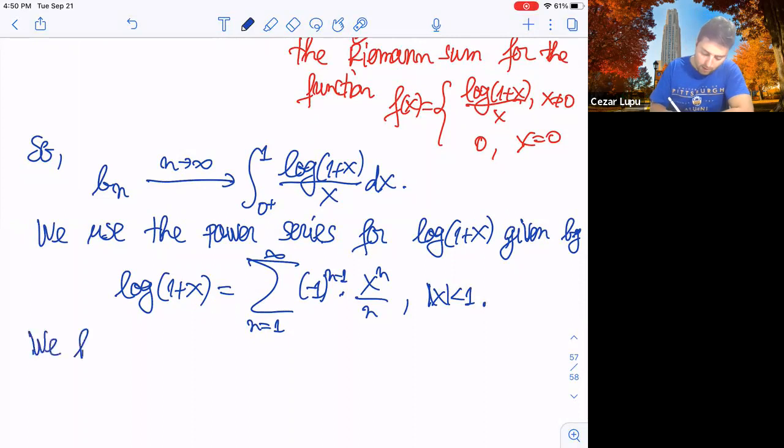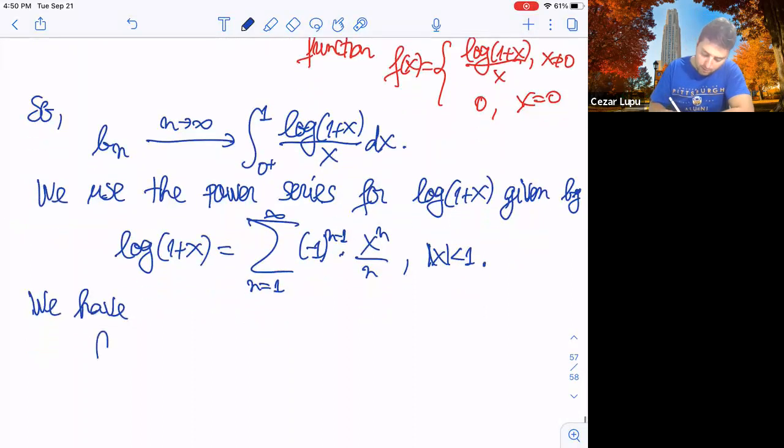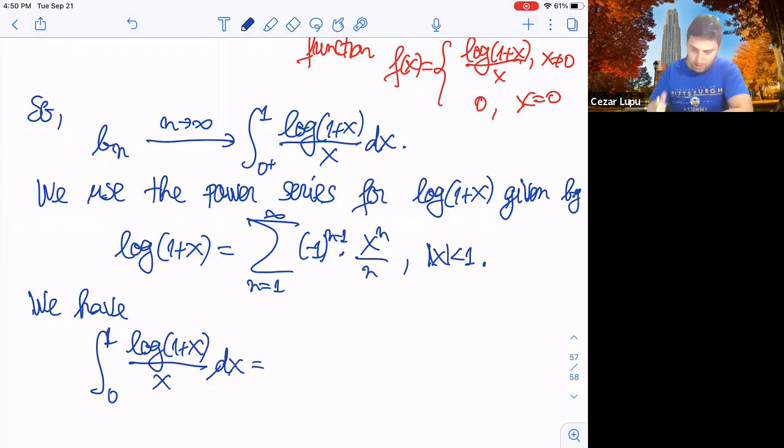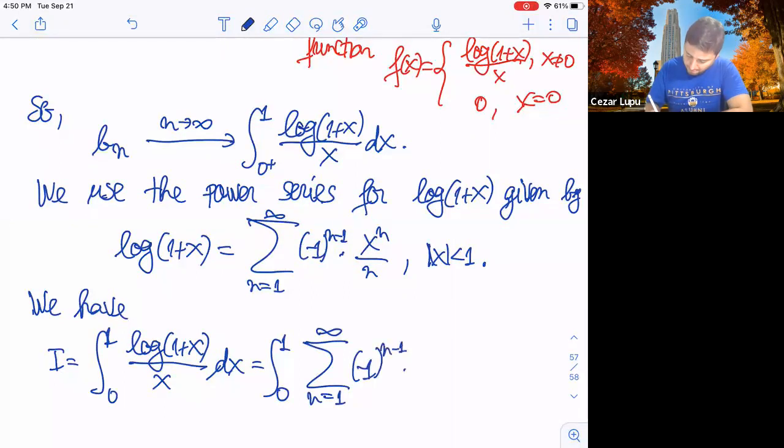So we have the integral from 0 to 1 of log of 1 plus x over x dx. So this would give us, let's be careful here. Let's denote this integral by I. Over n dx.